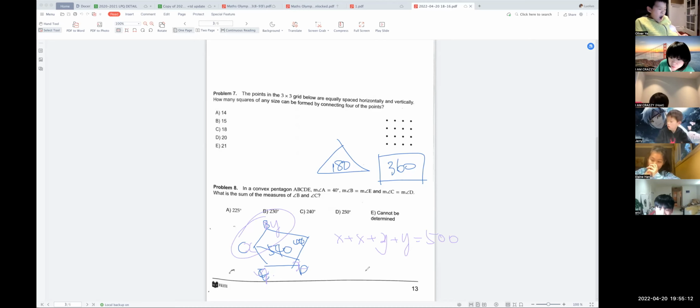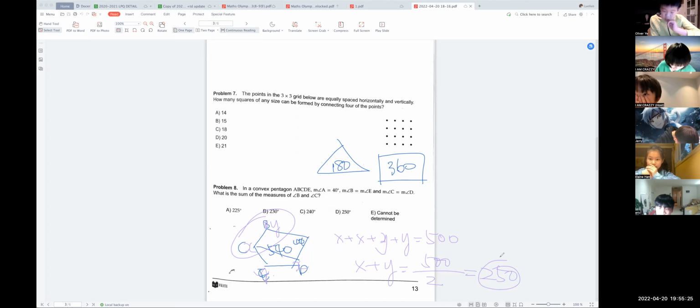So B and C equals X plus Y, which is 500 divided by 2, equals 250 degrees.